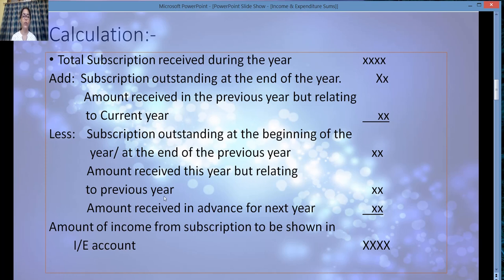So in short, after all these adjustments, the amount that is left over is calculated as income under that particular head. Since we are talking about subscription, income from subscription will be the amount that is left after the adjustments. So please remember, students, that it is only for the current period. Any amount received this year that belongs to the previous year has to be adjusted.